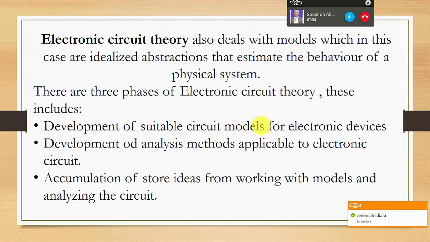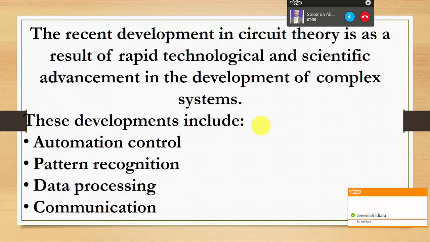The recent development in circuit theory is a result of rapid technological and scientific advancement in the development of complex systems. Some of these developments are automation control, pattern recognition, data processing, communication. Let me go through them one after the other.